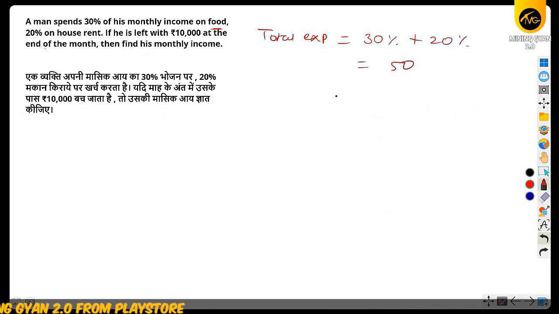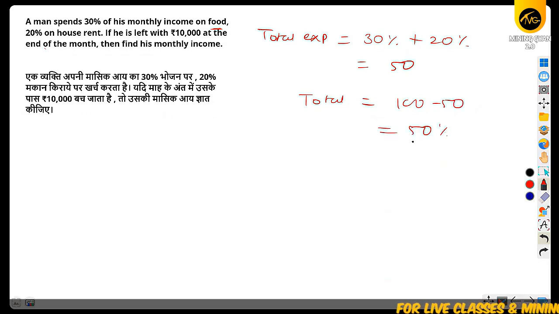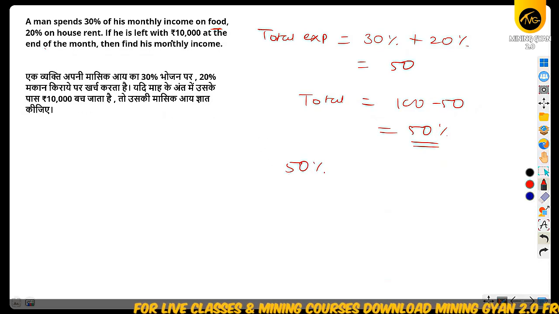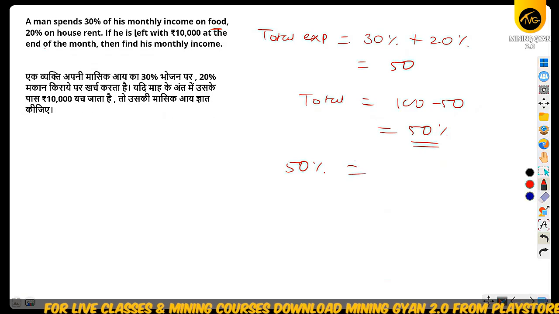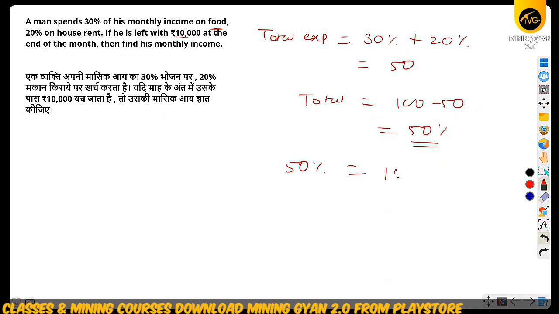Now the total expense is 50%, so the remaining portion is 100 minus 50, that means 50%. If he is left with 10,000 at the end of the month, that means 50% of the salary is equivalent to 10,000.